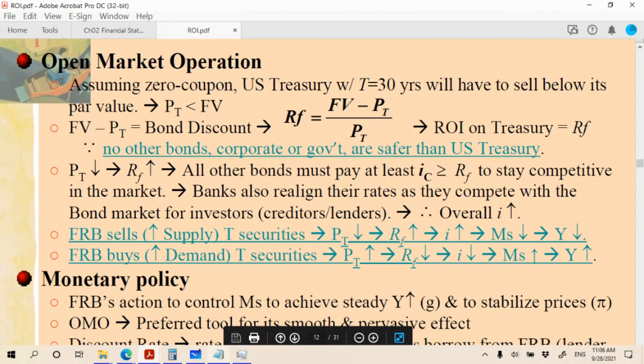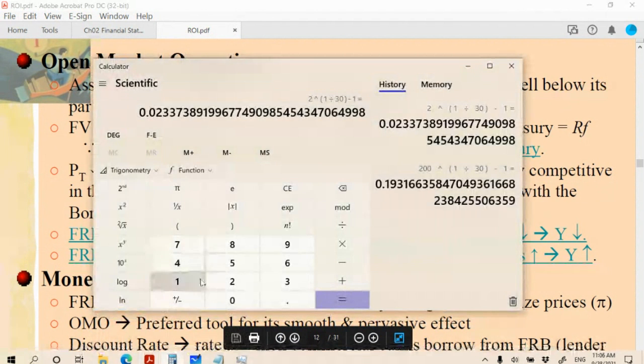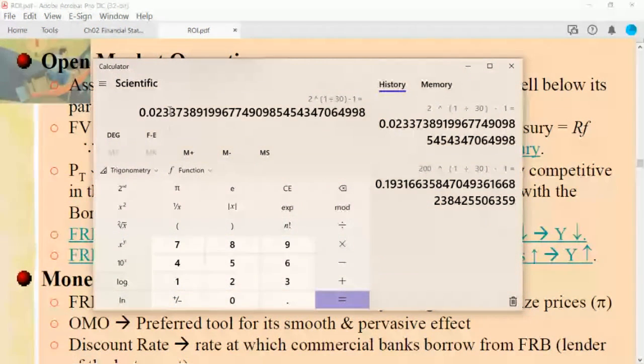100% for 30 years, then, using the geometric average, if you annualize it, then annually it's like 2.34%.